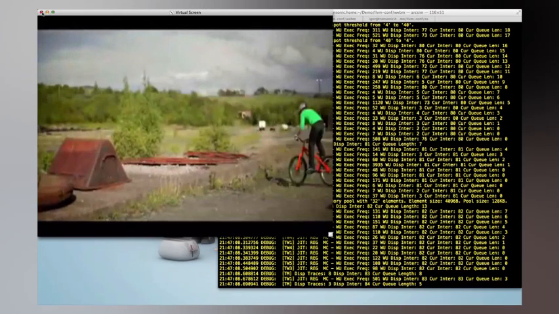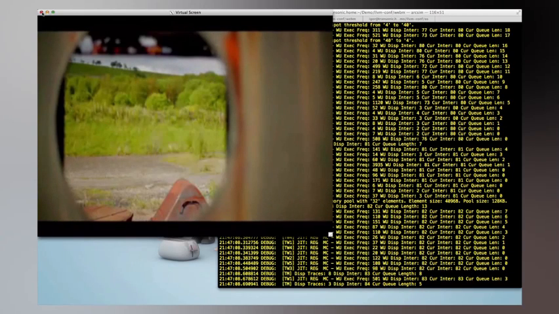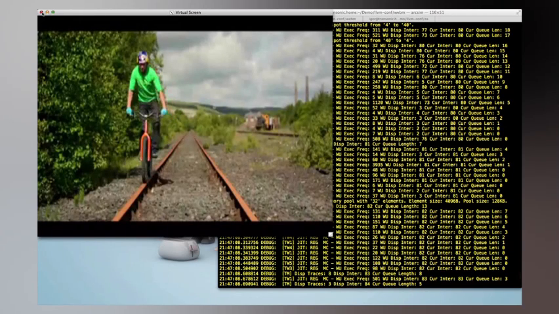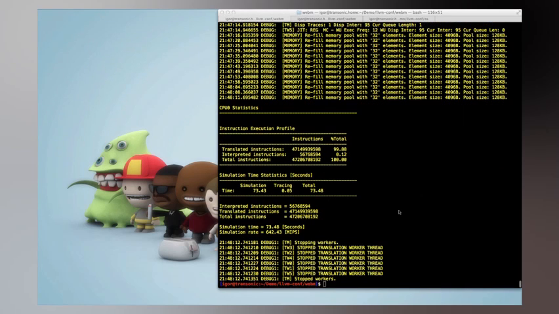Okay, so let's see what simulation rate we'll achieve from this. So here you'll see we achieved something like 642 MIPS. So that's pretty good. Let's start it up again to show you this fast startup time.